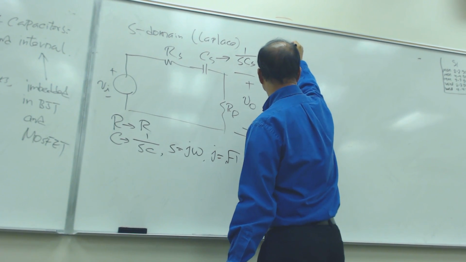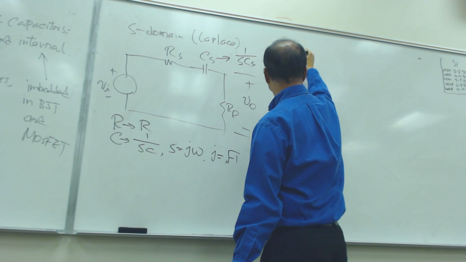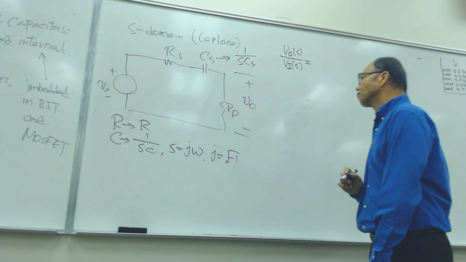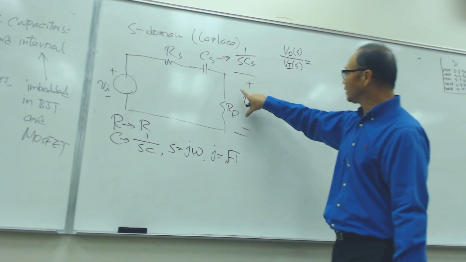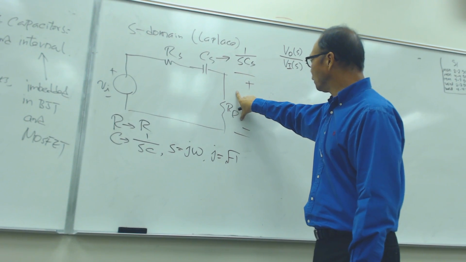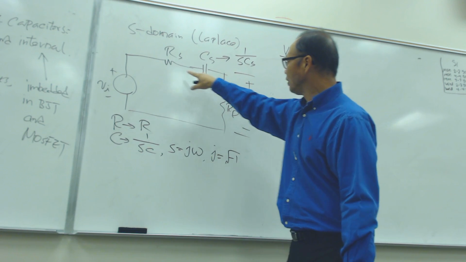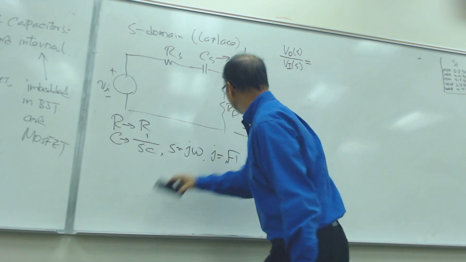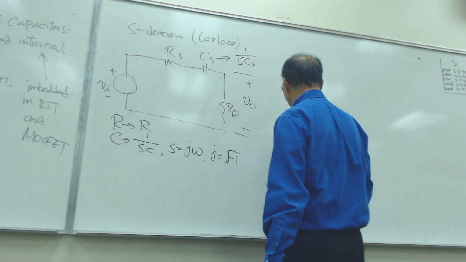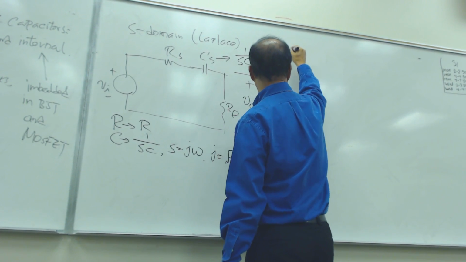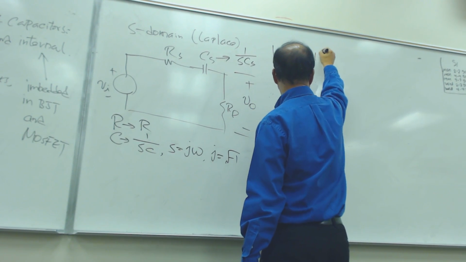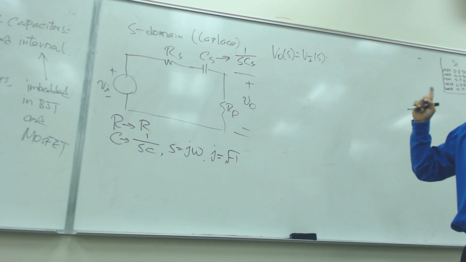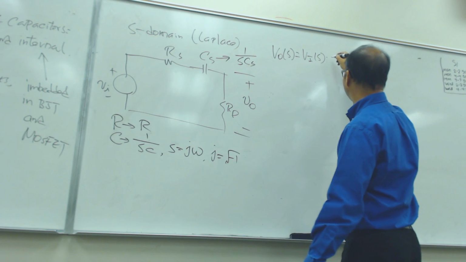Okay, so therefore, what is V sub O of S equal to? Well, basically, this is a voltage divider, right? So you have 3 components. Don't do this so quickly. V O of S is V I of S, right? Times, based on the voltage divider rule, the R sub P over the total.